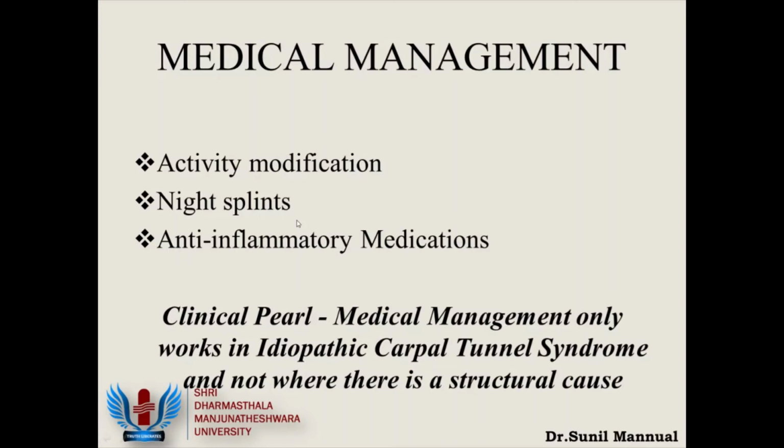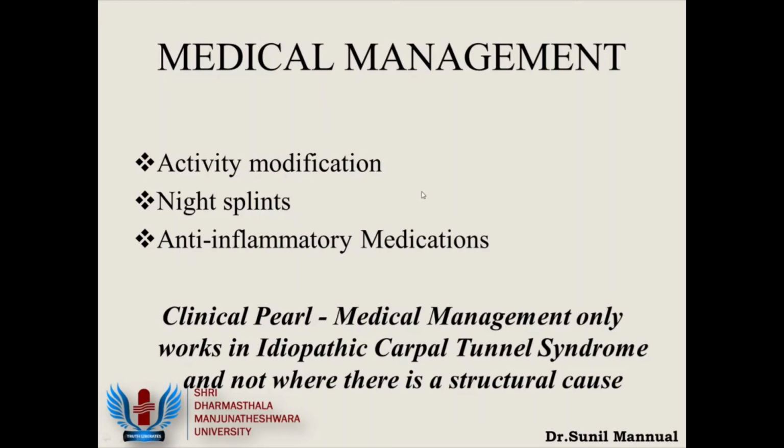I have found really good help by giving patients night splints, along with anti-inflammatory medications and anti-inflammatory modalities by physiotherapy. And I should say probably 40 or maybe even 50% of patients you can avoid surgery by taking them through these three steps of medical management.